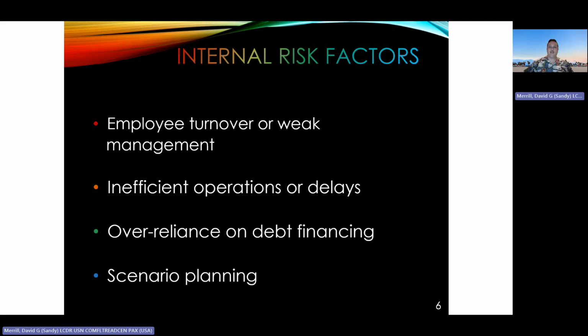Let's talk about risk, starting inside the company. Internal risks include employee turnover or weak management, which we touched on a little earlier, and ineffective operations and delays, in the sense of complacency or slow processing of routine matters. How long has that report been sitting on your desk? Are we too comfortable and don't take the risks that could result in profits? Another is over-reliance on debt financing.